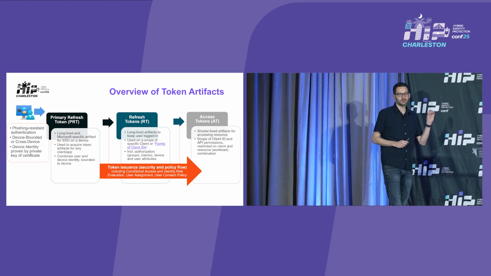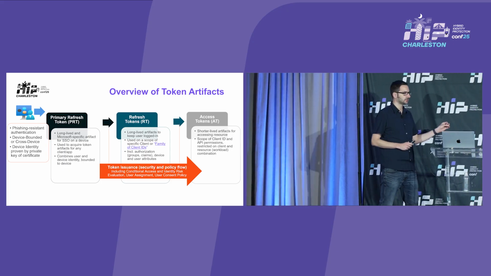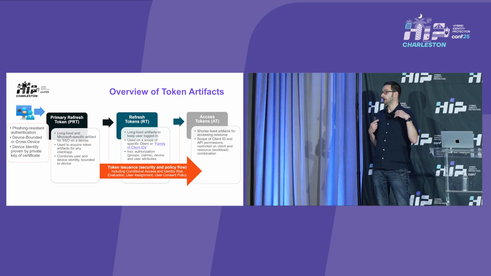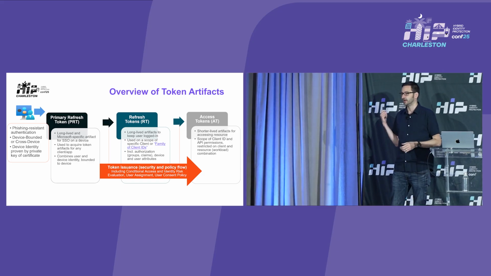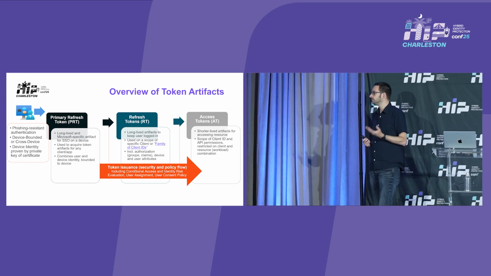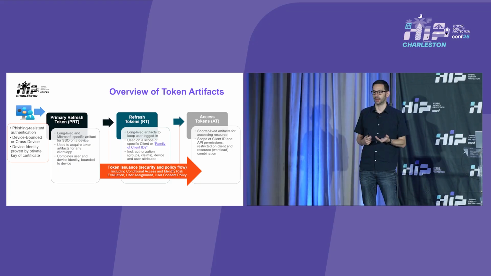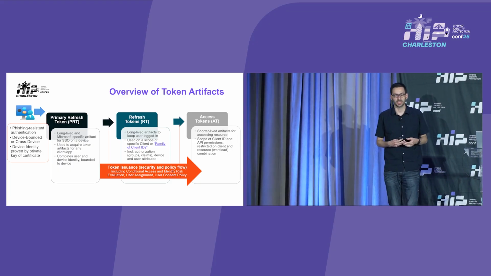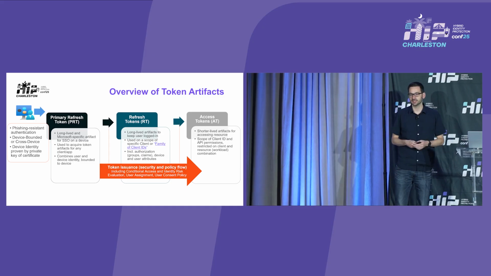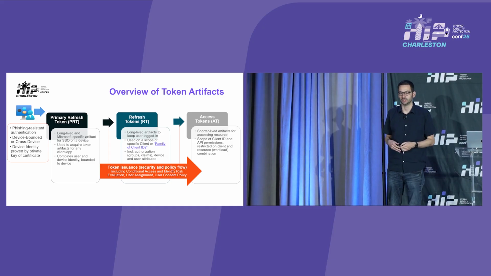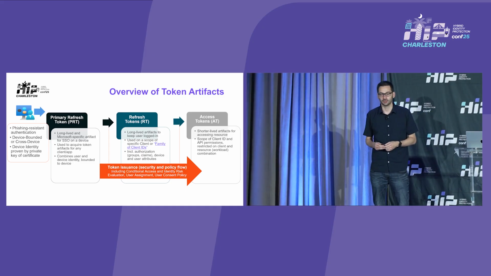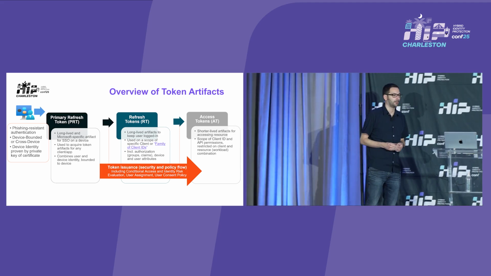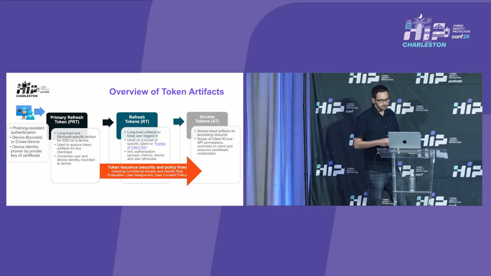As soon as we're using a PRT to get a refresh token, or we're using a refresh token to renew a short-lived access token, Conditional Access will be applied, and we have an evaluation of all our policies. There will also be a check for the identity risk, so identity risk will be evaluated, and we will also have checks like user assignment, whether the consent policy applies, and so on.